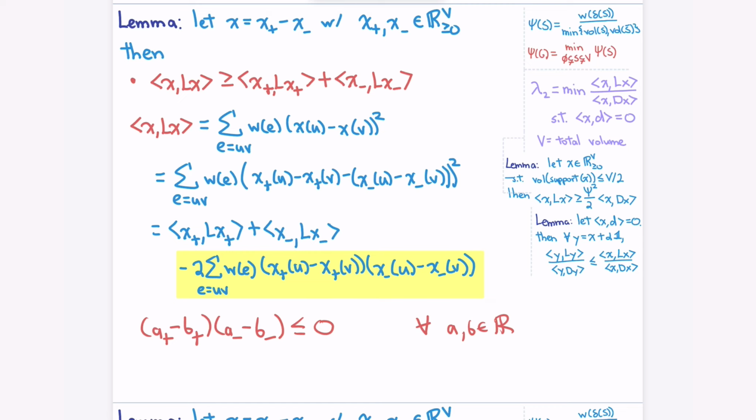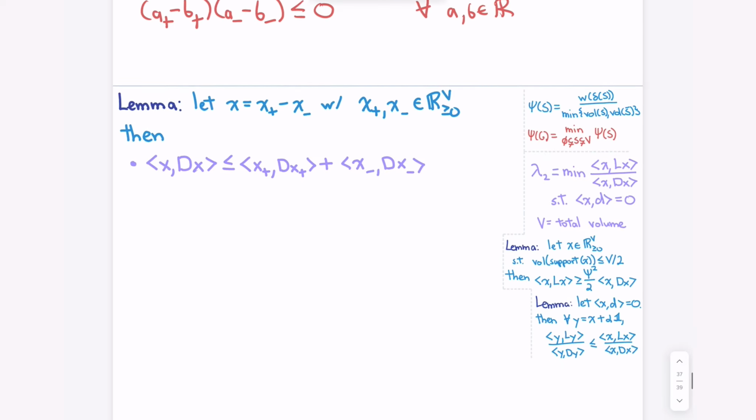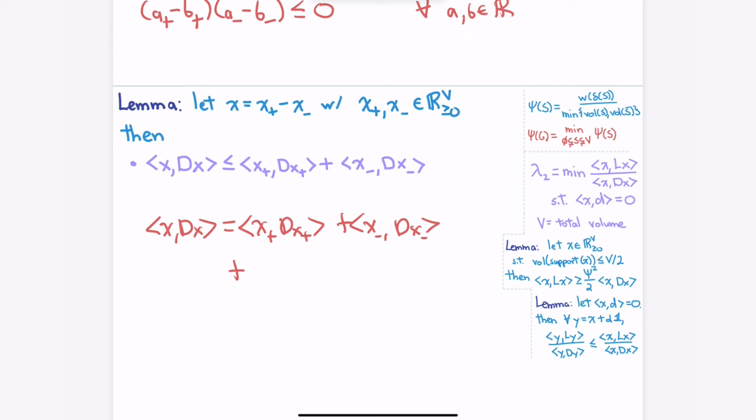And I guess there's this one. Do you guys want to do this one? This one's not so bad. So x dx is equal to x plus dx plus plus x minus dx minus plus the cross terms, x plus dx minus, and is it just that times 2?